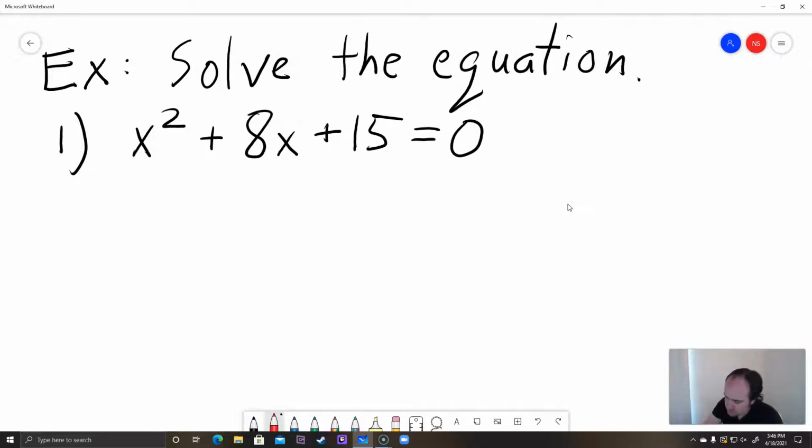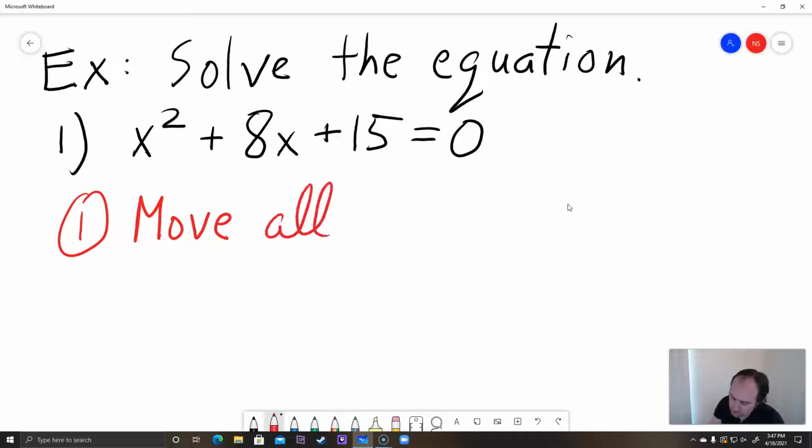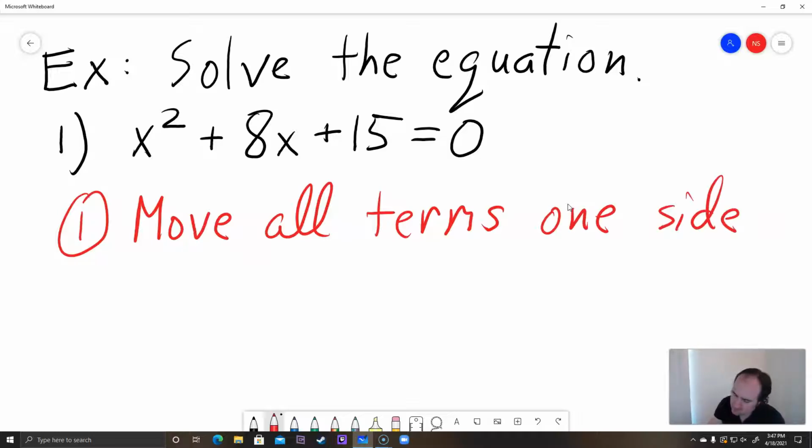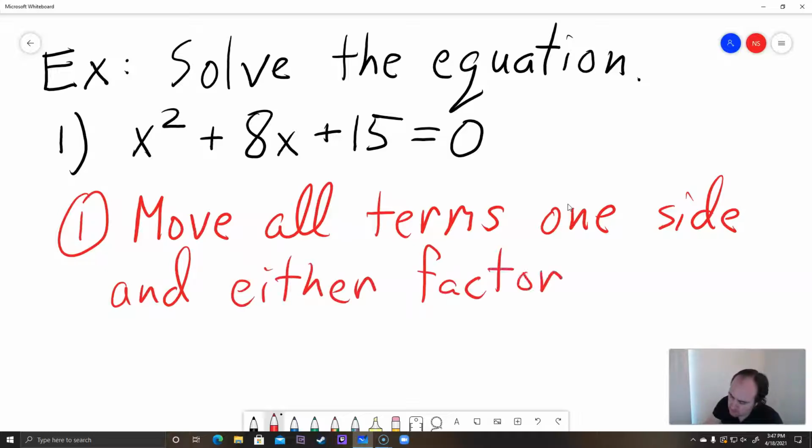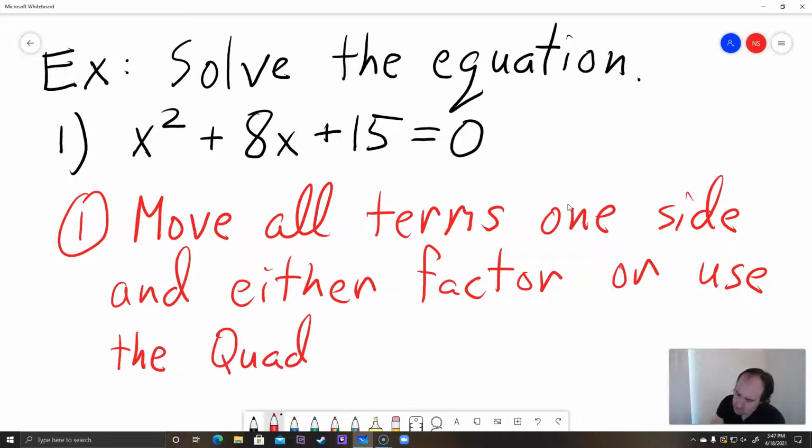Let me write out the steps as we go through these problems. Step 1 is move all terms to one side, and either factor or use the quadratic formula.